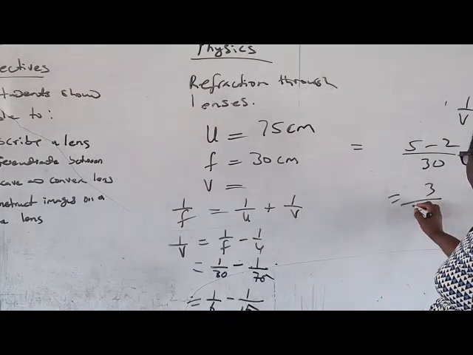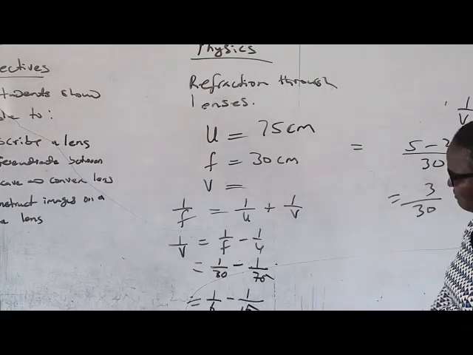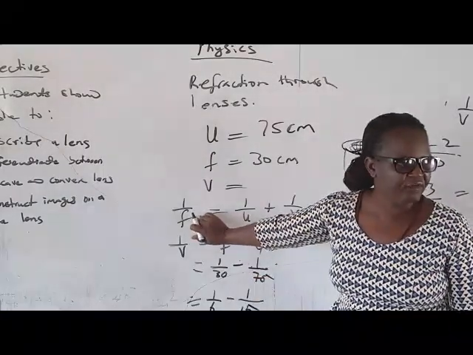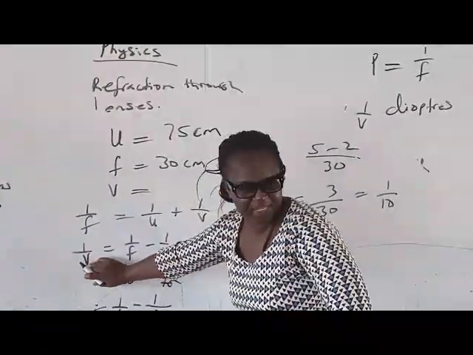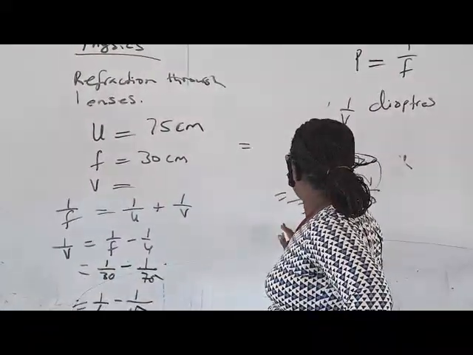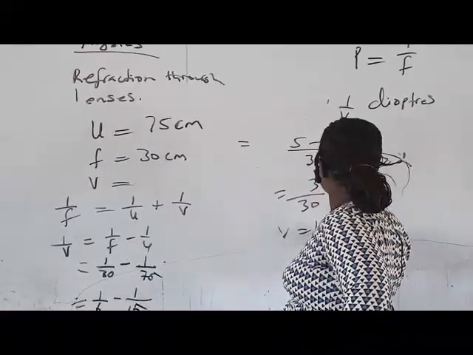That will be 3 over 30 equals 1 over 10. But remember, it is the reciprocal of the image distance. To get the image distance, we take reciprocals on both sides. That will give us 10 cm.